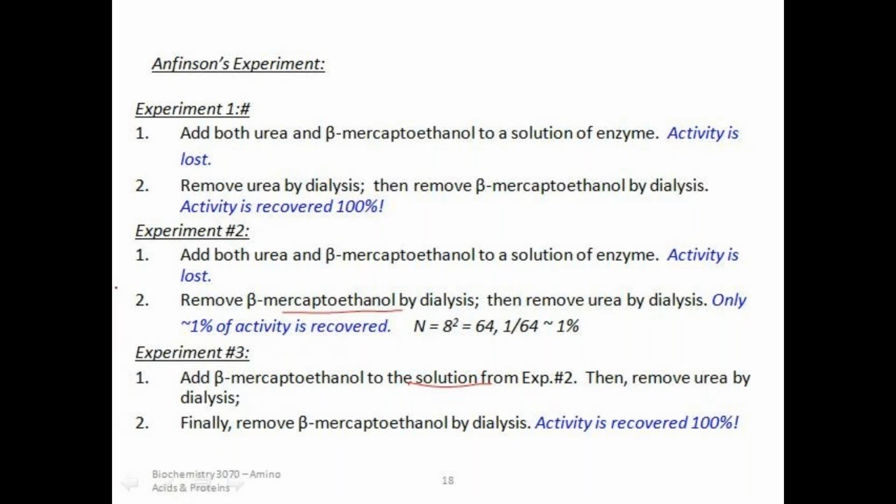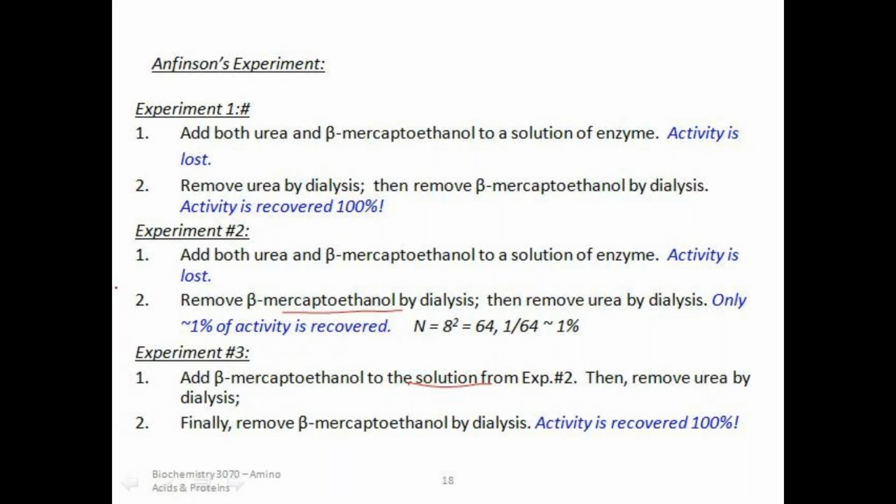Next, coming to experiment 3: in experiment 3, he added beta mercaptoethanol to the solution from experiment 2. That means in experiment 2, beta mercaptoethanol was first removed, and then we also removed the urea.